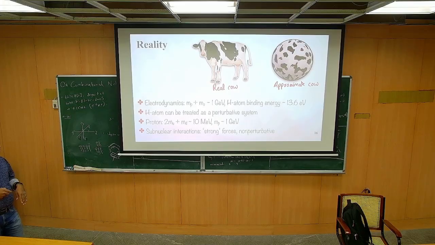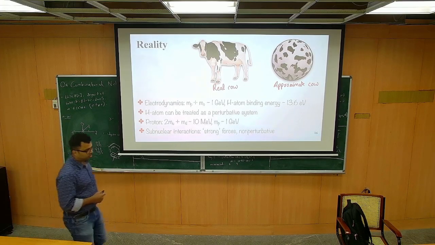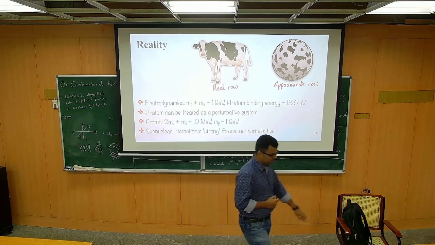While in the case of the proton, you have 2 mu plus 2 md as the total mass of the constituents, which is around 10 MeV, while the proton mass itself is approximately 1 GeV. This means the correction is about 2 orders of magnitude larger than the mass of its constituents, and hence this is a heavily non-perturbative system. You have to use non-perturbative approaches to tackle this problem.